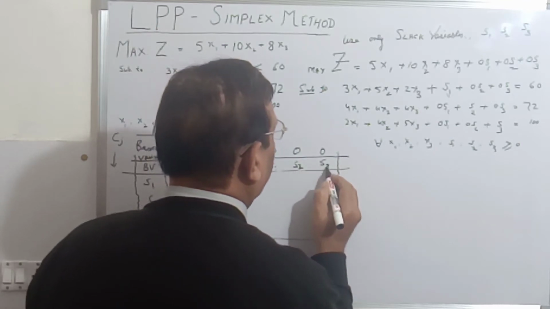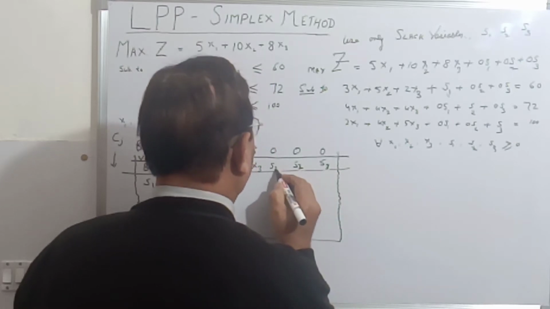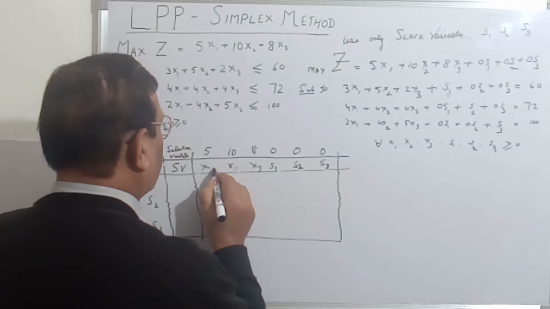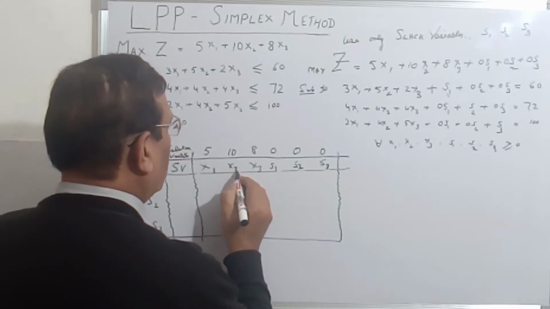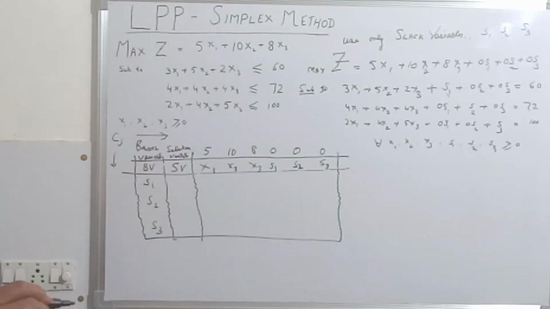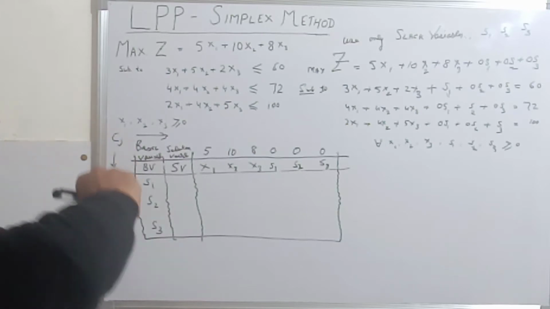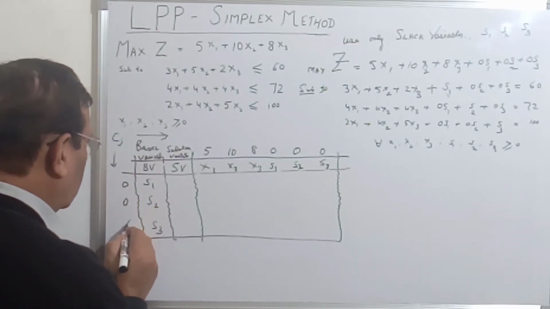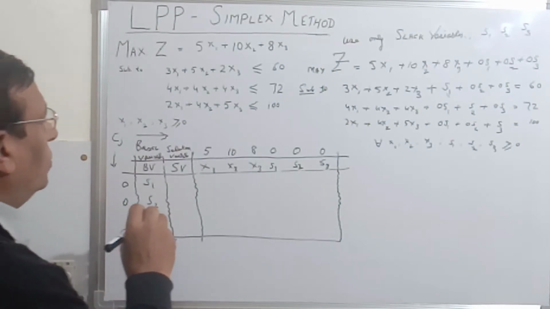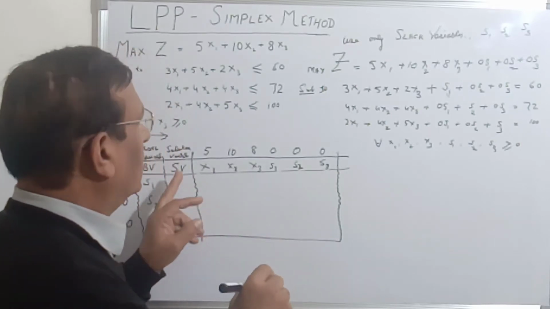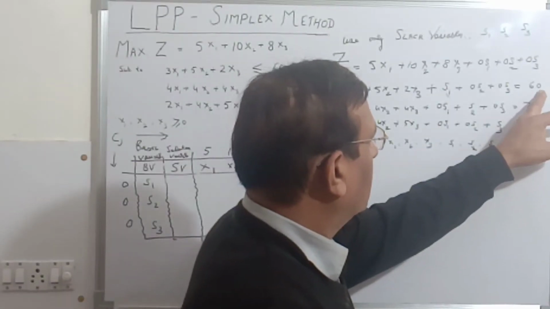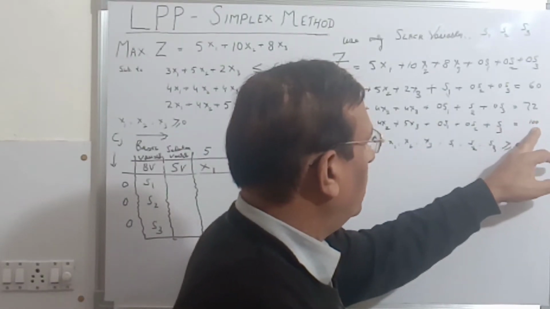S2. X1, X2. So 5, 10, 8. Here 0, 0, 0. And the solution variable, decision variable, are these: 60, 72, 100.